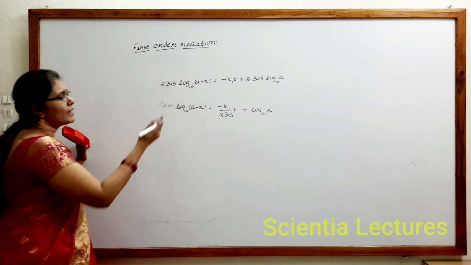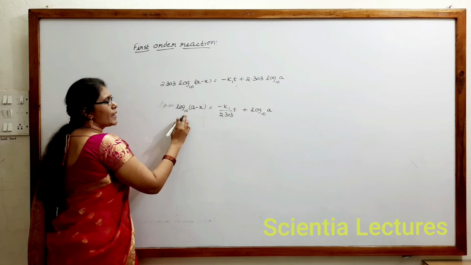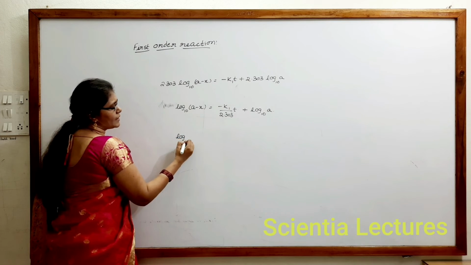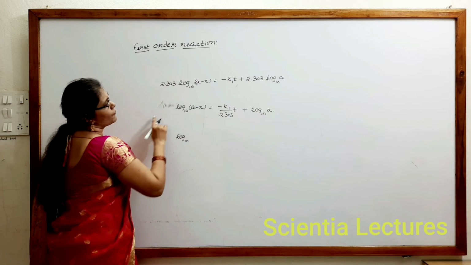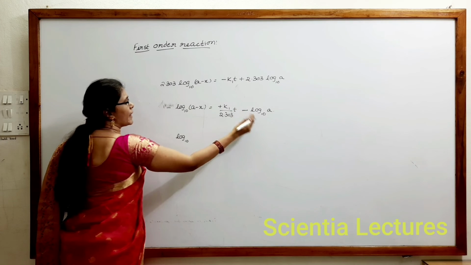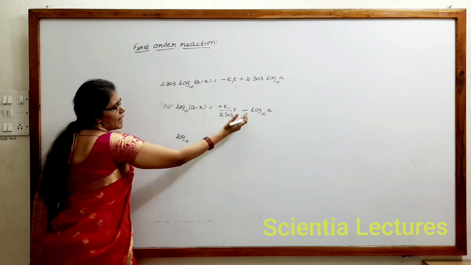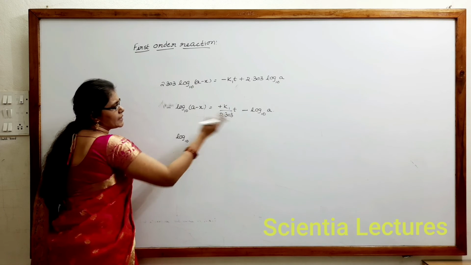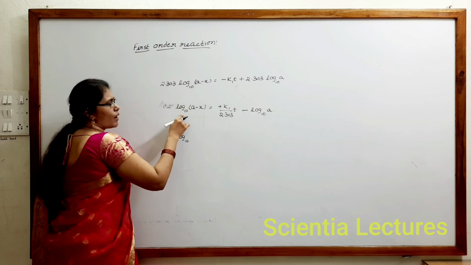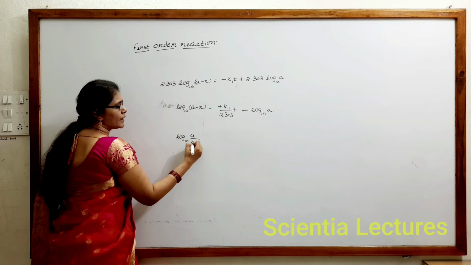Now if you bring log base 10 a to the LHS, we get log base 10 (a minus x) minus log base 10 a. If you multiply throughout by minus, the signs change, and we get log base 10 a minus log base 10 (a minus x). In logarithms, the minus becomes a division.